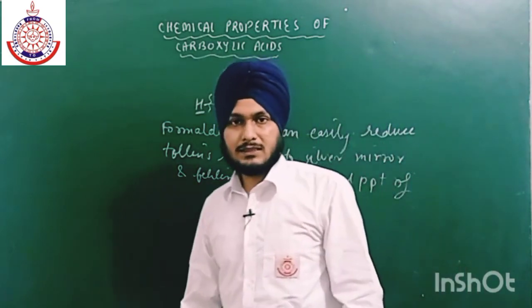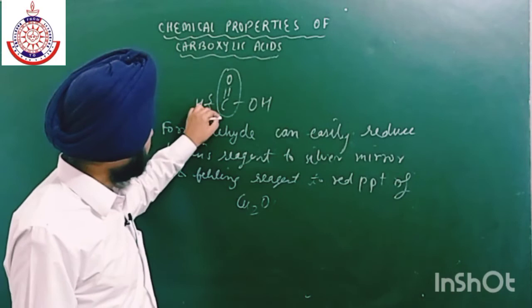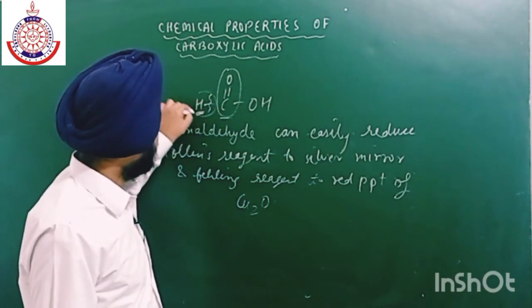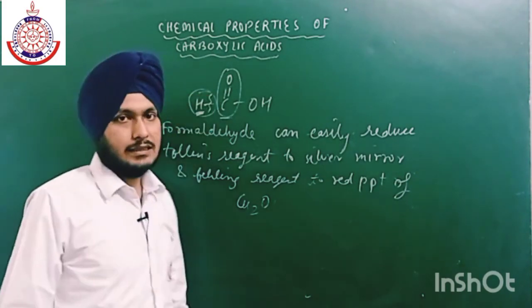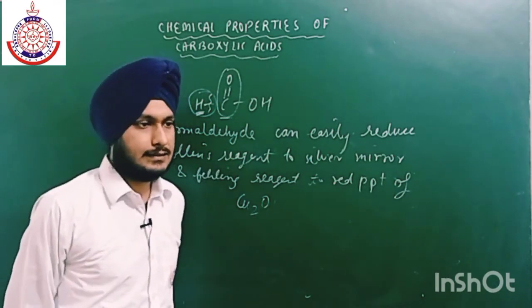So this is the anomalous behavior of formic acid because of the presence of this carbonyl and hydrogen group. So it can easily reduce these two or three reagents.